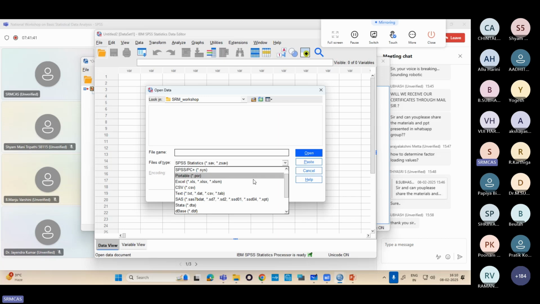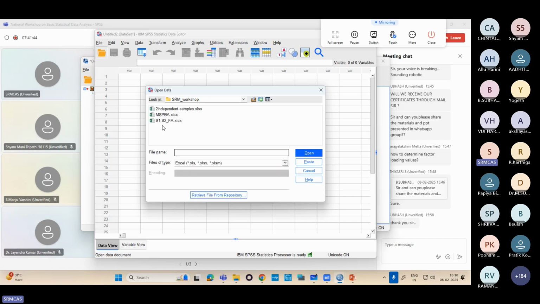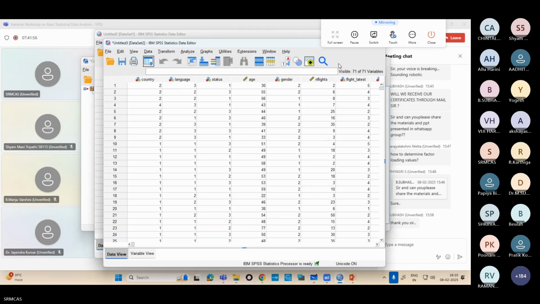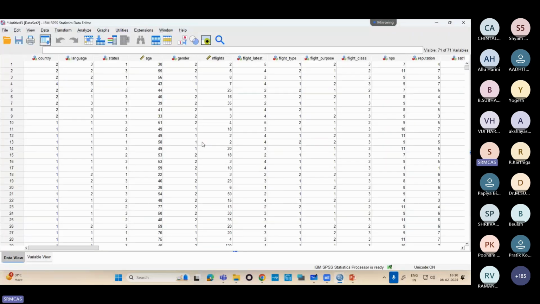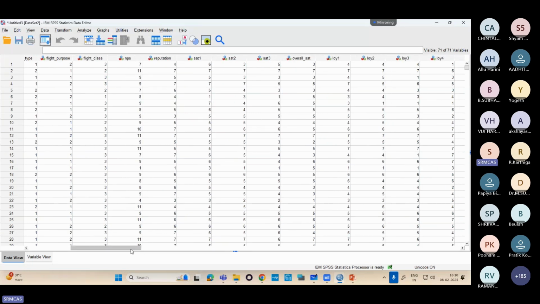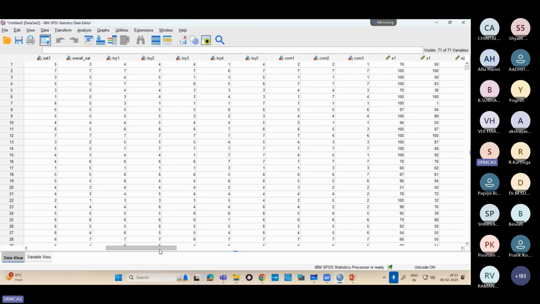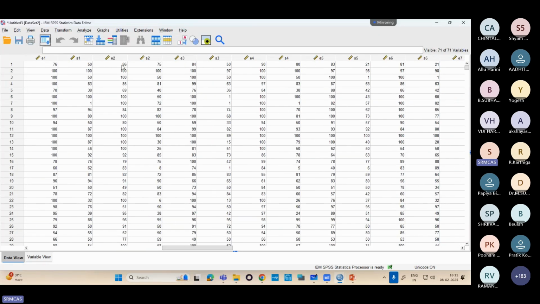See this S1 to S8 FA, it's the data set for this hands-on session. Here we have so many variables, and we are going to take only S1, S2, S3, S4, S5 up to S8 for the analysis.